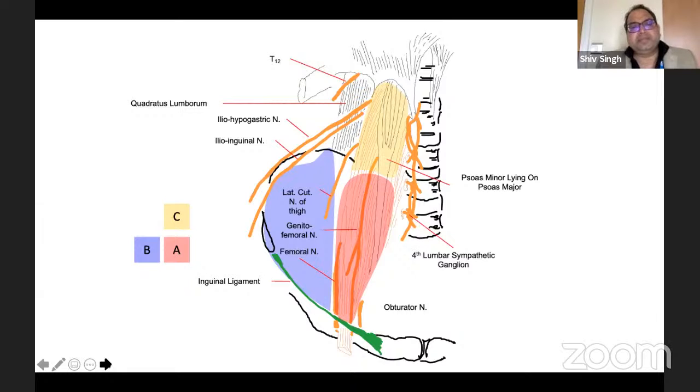This is mainly a 2-in-1 block when you give large volume. To reach the origin of the lumbar plexus, you need to use volumes equivalent to almost the patient's body weight. So if you have a 60 kg person, then you need to use 50 to 60 ml of volume to block all 3 nerves. Okay. And hence there is failure of obturator nerve.